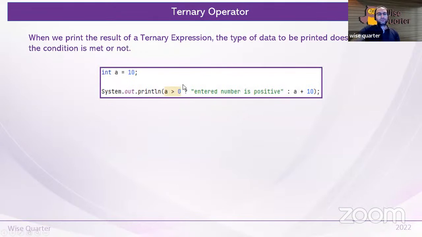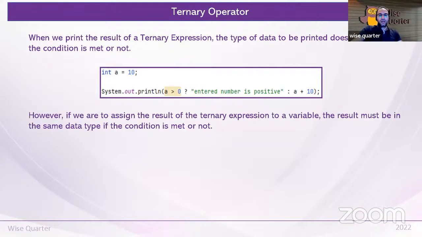Normally you can use text values in ternaries too. If A is higher than 0, it will print the entered number is positive. If it is lower than 0, it is false. So after this symbol, this code will be executed and it will add to it. As you can see, in ternaries, you can use different data types at the same time.